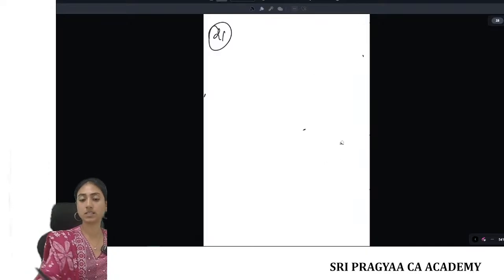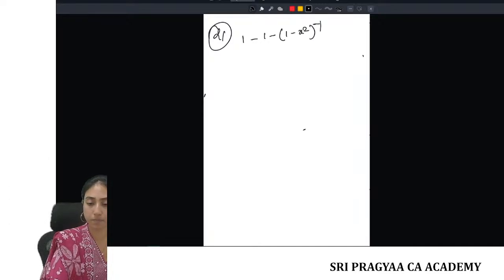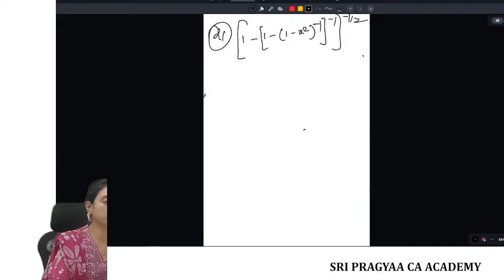So basically, let's go term by term. What are you given? Always, whenever you're given a couple of brackets like this, always work from the inside out.